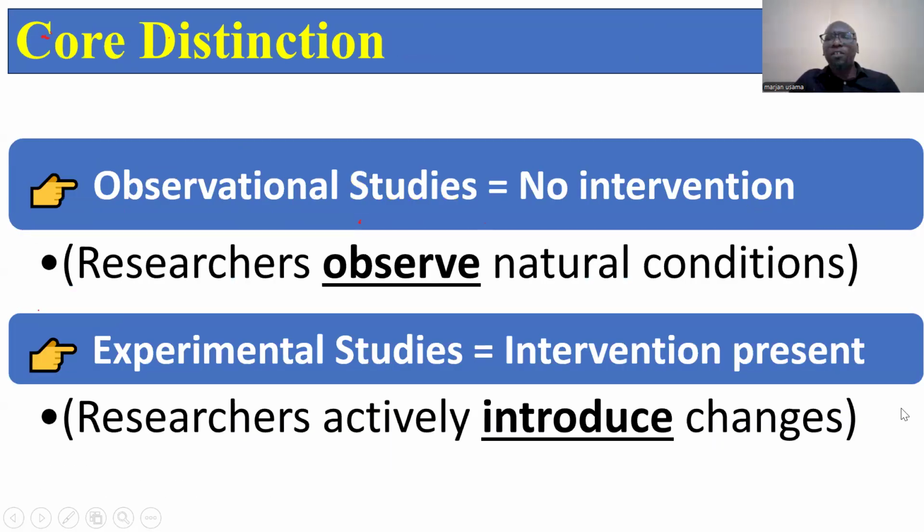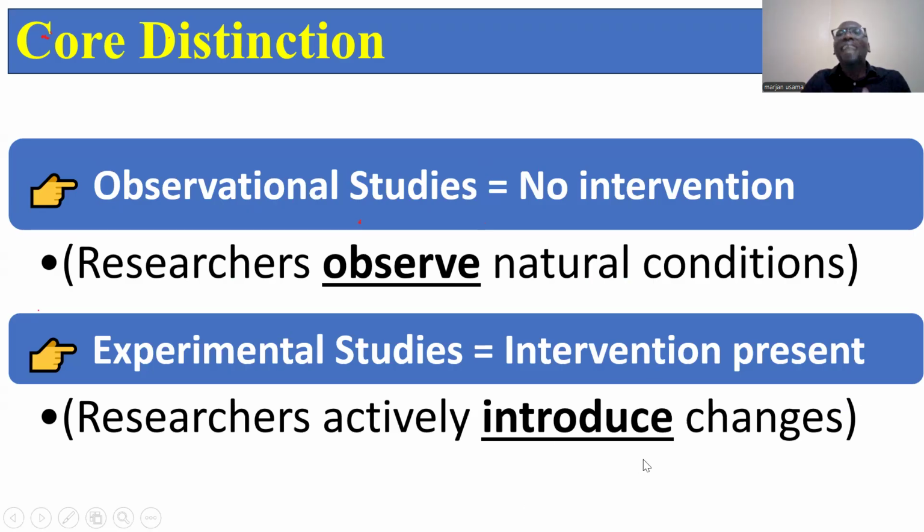Now, this is the difference between observational and experimental. In observational studies, there is no intervention. You as a researcher cannot interfere with anything. You just observe. But in experimental studies, there is some intervention.